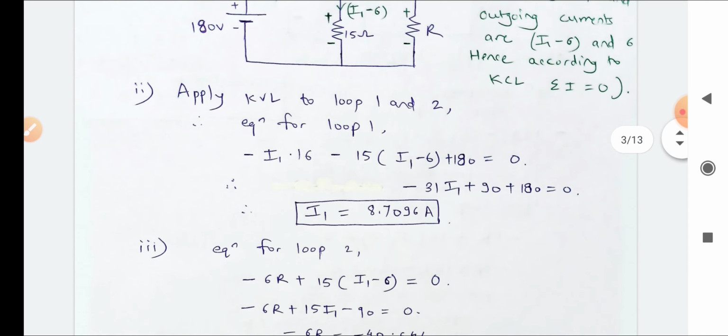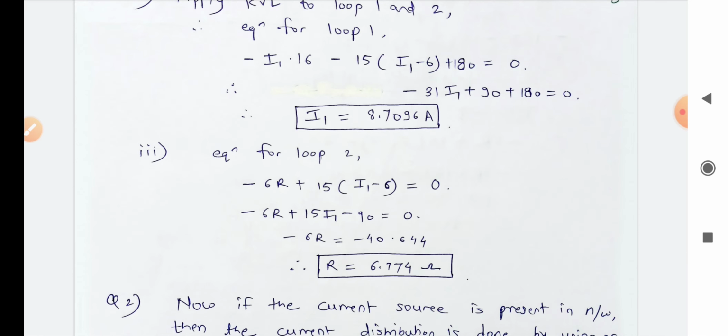Now we'll write the equation. The equation will be minus 6R plus 15 in bracket I1 minus 6 is equal to 0.